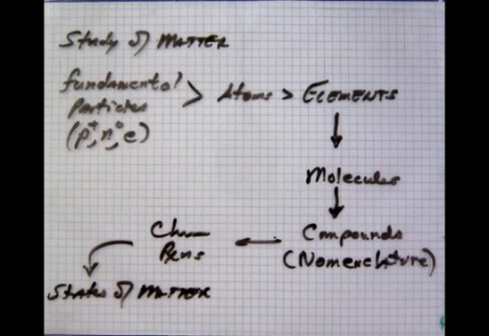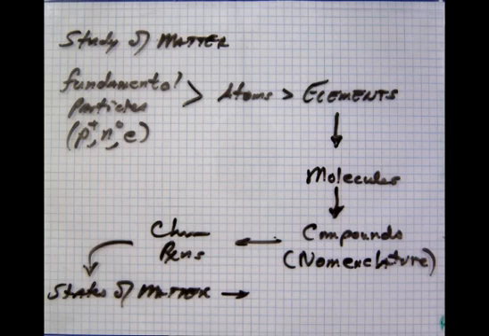Now, this will be toward the end of the course, probably chapter 11, where we start talking about phase change and going from solids to liquids, melting, and liquids to gases, evaporation, boiling, those kind of things.